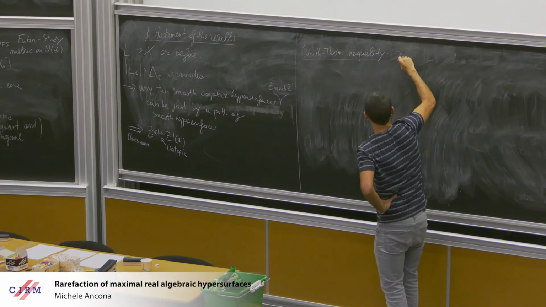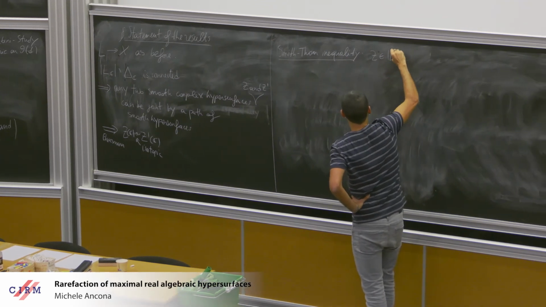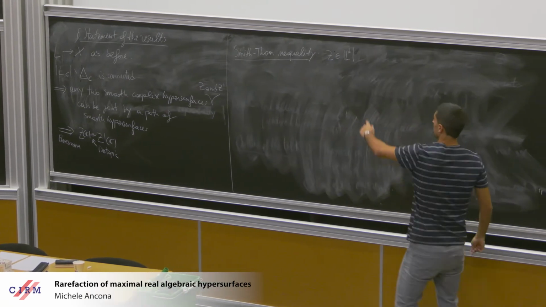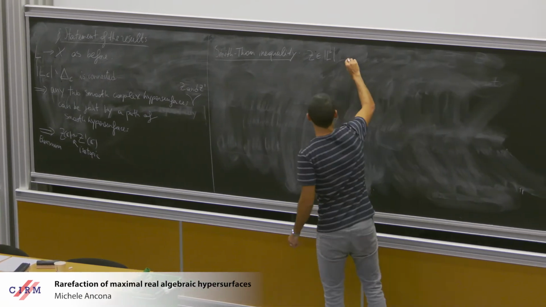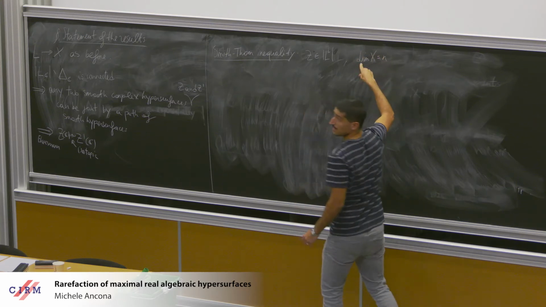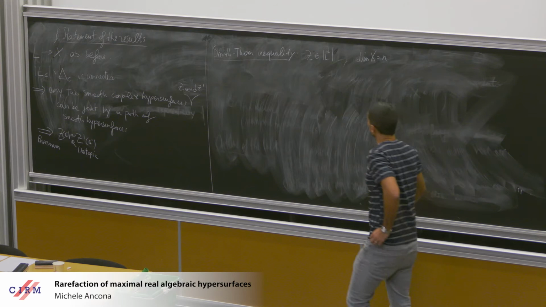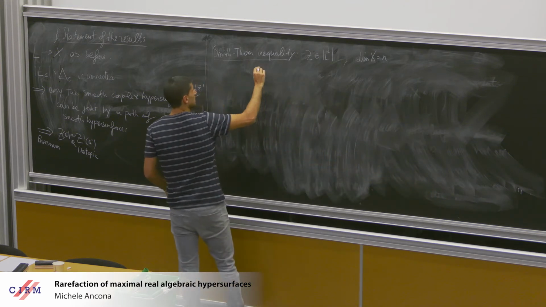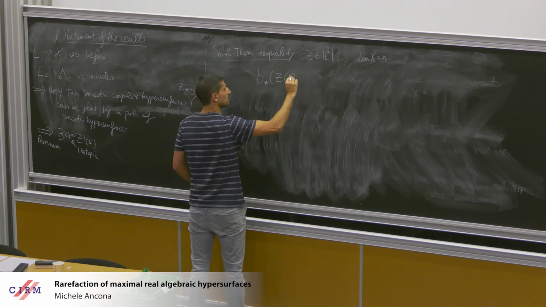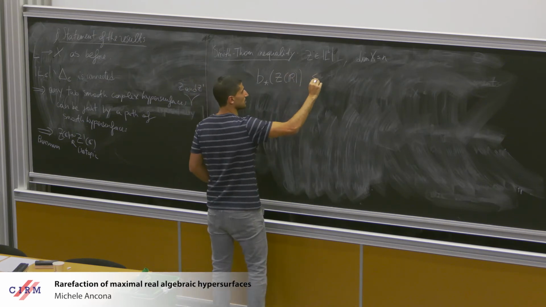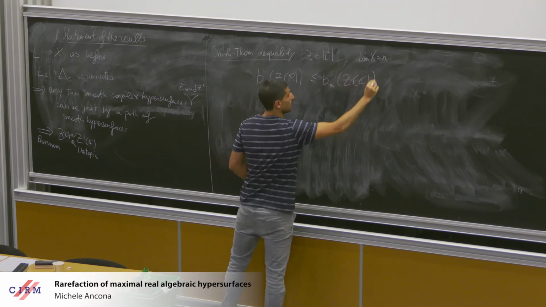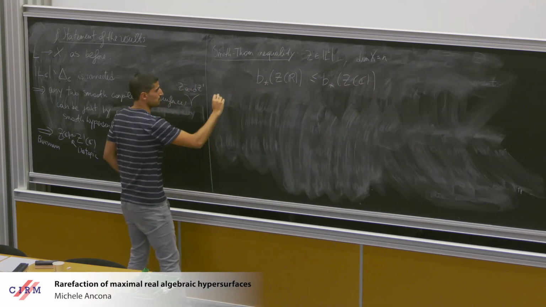If we take Z a real hypersurface, and let's say that we denote by n the dimension of the ambient variety, then the total Betti number of the real locus is always smaller or equal than the total Betti number of the complex locus.